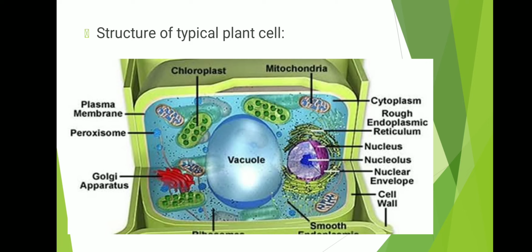Now, what is a secondary metabolite? When plants are in the growing stage, they form proteins or nucleic acids, whatever is utilized by them. These products, utilized for growth and development, are called primary metabolites.